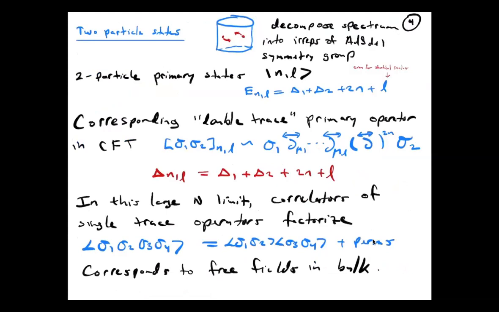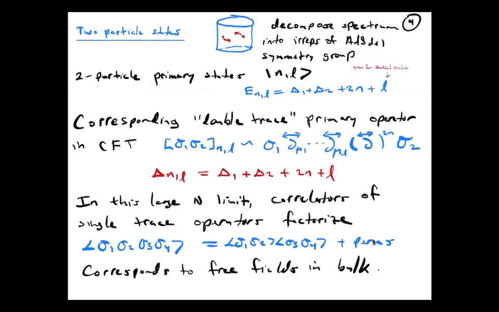Now we can go to multi-particle states, and for here, all we need to be talking about really is 2 particle states. So again, in the free theory, you have 2 particles moving independently, so you can just tensor those together in a trivial way.